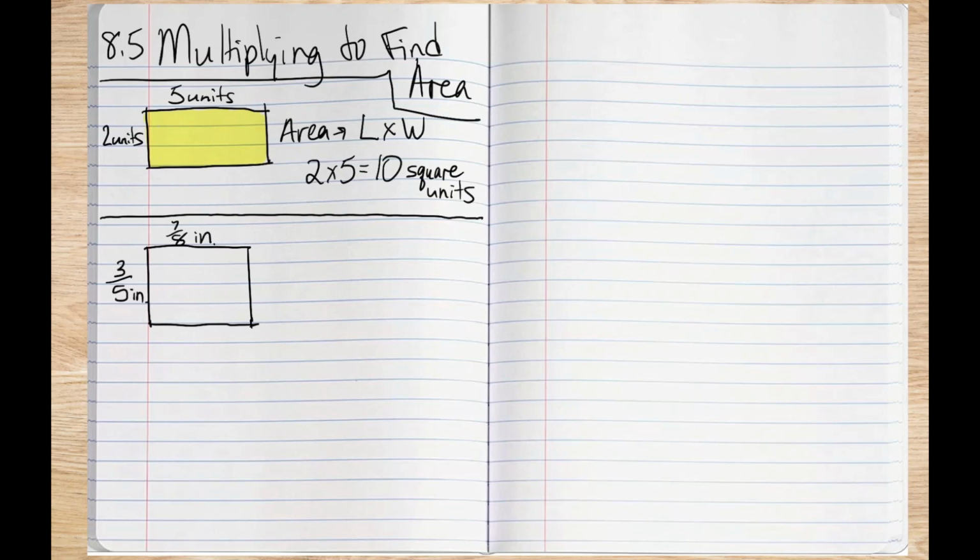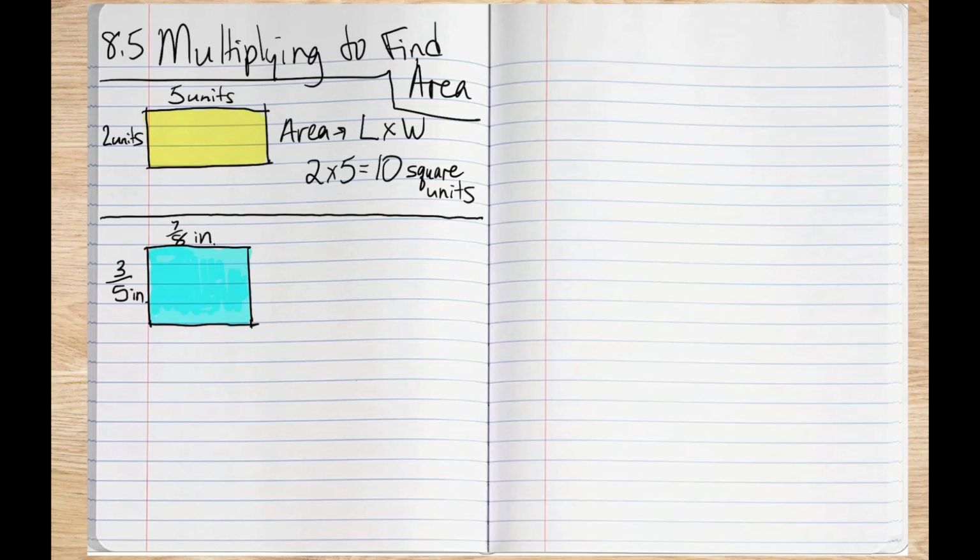And they want to ask you for the area. Remember, just like before, area means the flat space inside. I want to know how much flat space. Sometimes it helps to think of area like the surface of a piece of paper. Area can be used to describe paint going on a wall, seed being spread in a garden, cement being poured out, any flat surface.